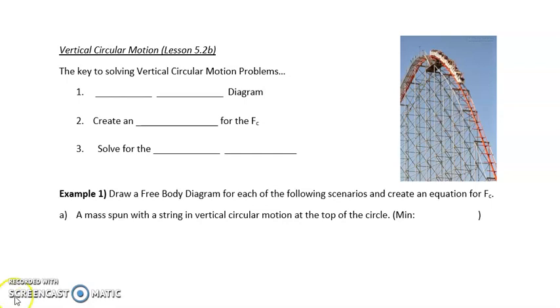And so what we're going to be doing here is a few things, because there's not one set formula for this. First of all, you're going to need to create a free body diagram. That's always going to be the first thing you need to do. You're going to use that to create an equation for the centripetal force, and that's when you solve for the unknown variable.